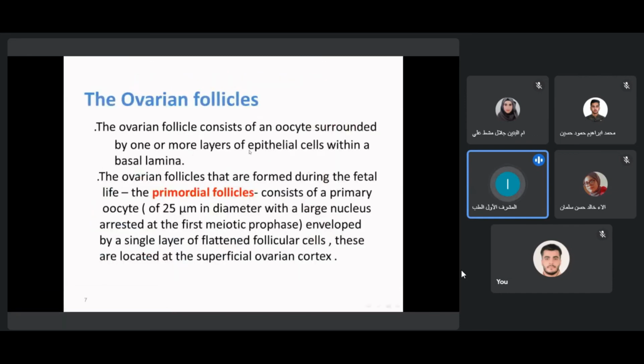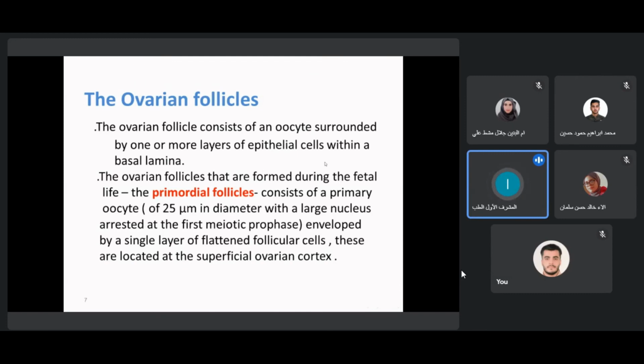The ovarian follicles are located mainly within the cortex and are present at various stages of development after puberty. Each consists of an oocyte surrounded by one or more layers of epithelial cells within a basal lamina. The ovarian follicles that formed during fetal life are called the primordial follicles.